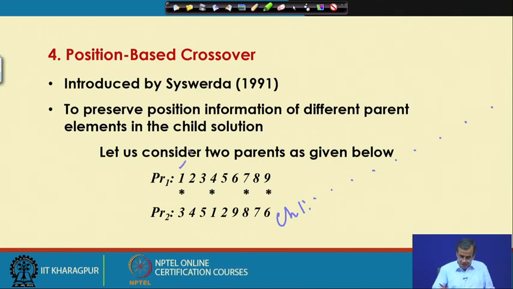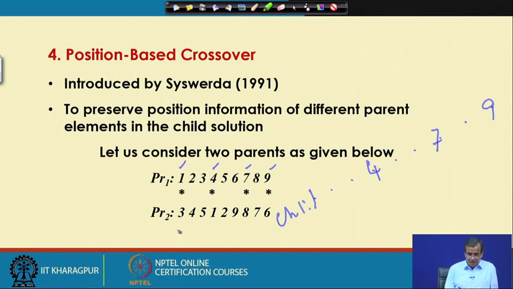So, 1 will be copied at location 1, then 4 at location 4, then 7 at location 7, and 9 at the 9th position. All such things have been taken from parent 1.